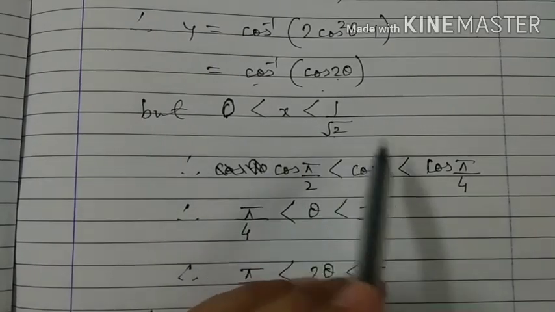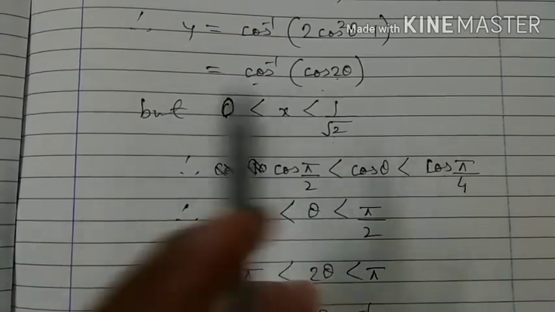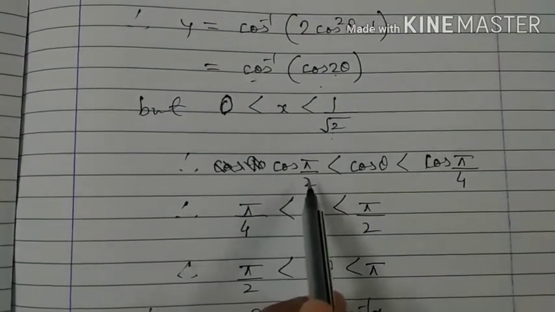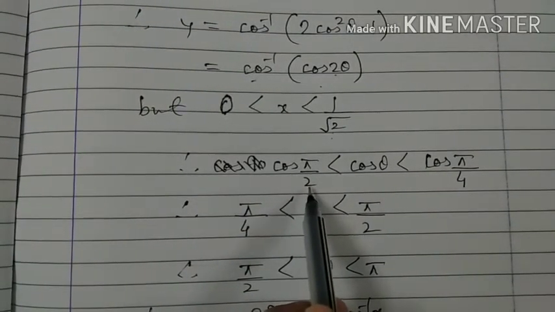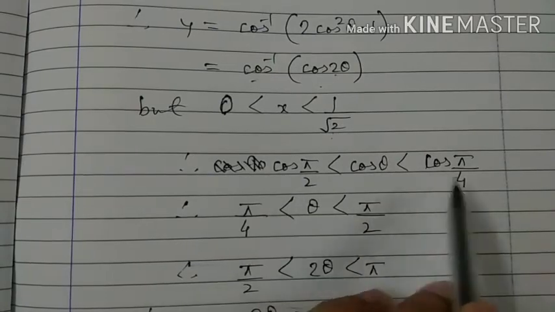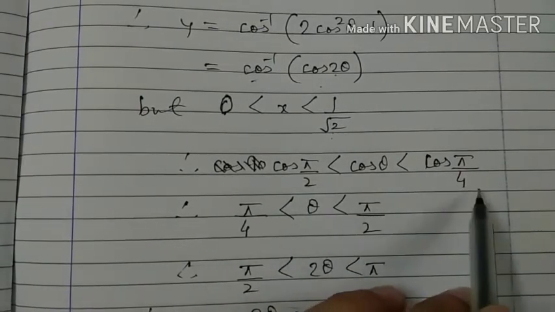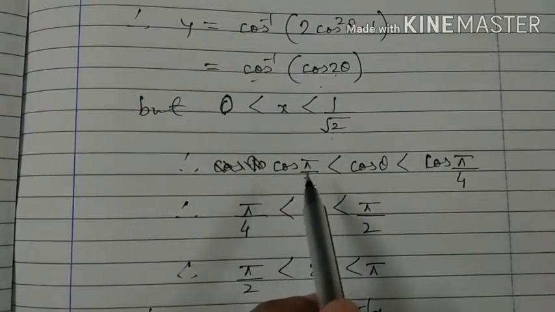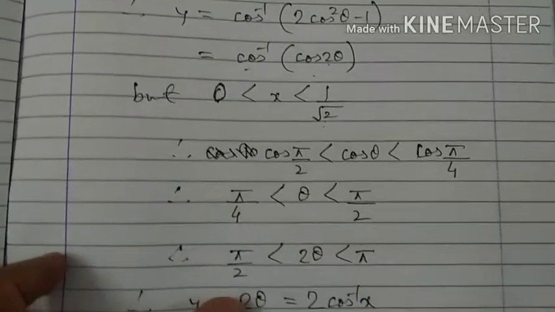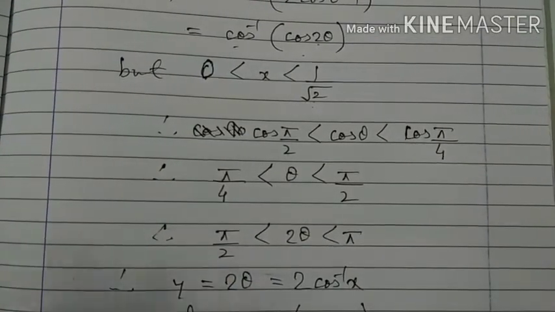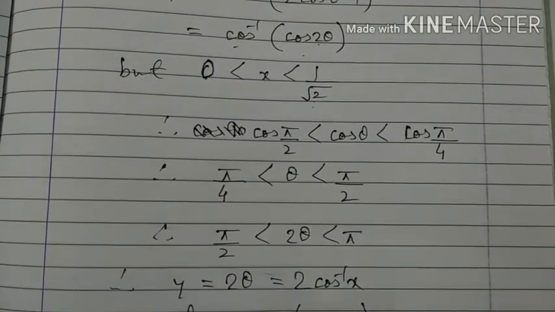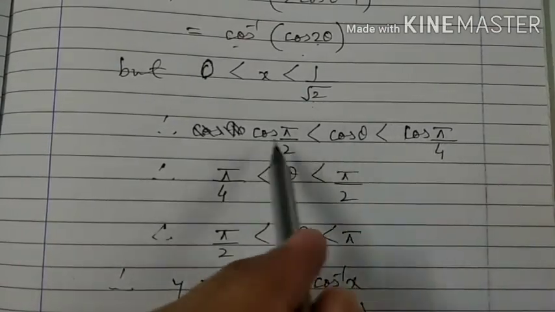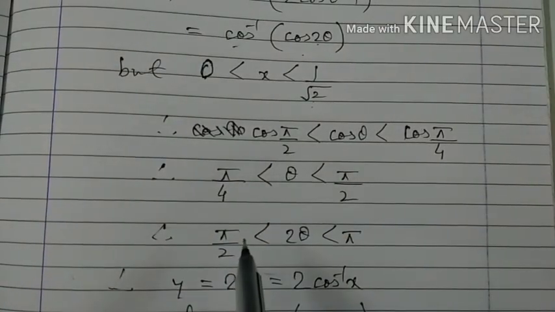For 1 by root 2 we will write cos pi by 4. Now the value of the angle is between 45 and 90, right? So that means it is first quadrant. In first quadrant, cos is a decreasing function. Whenever a function is decreasing, the inequality is reversed.